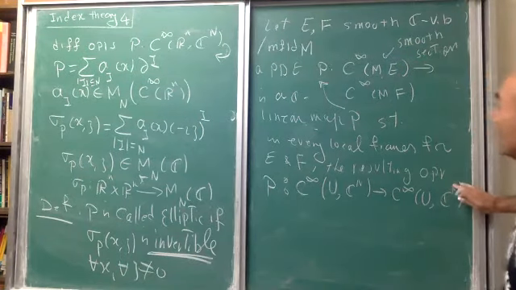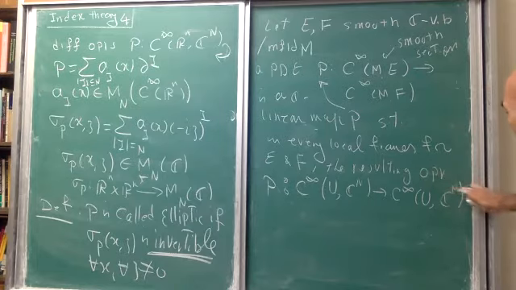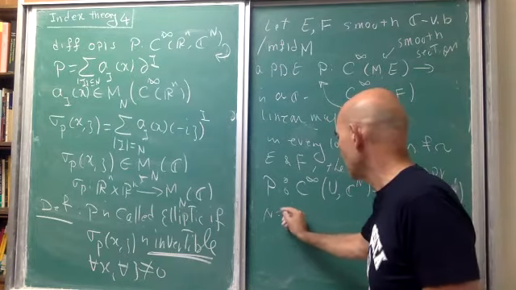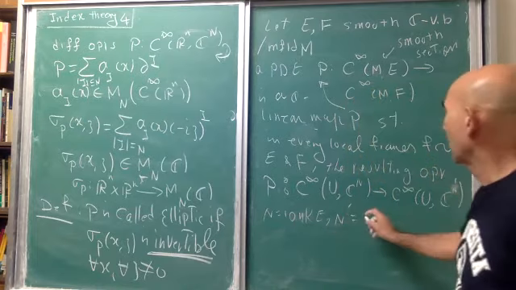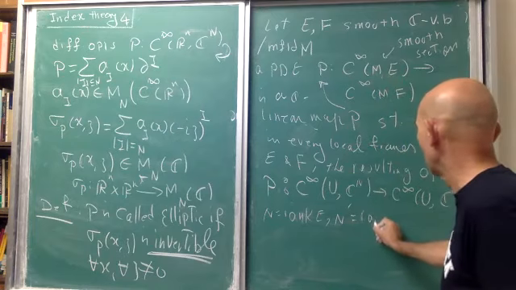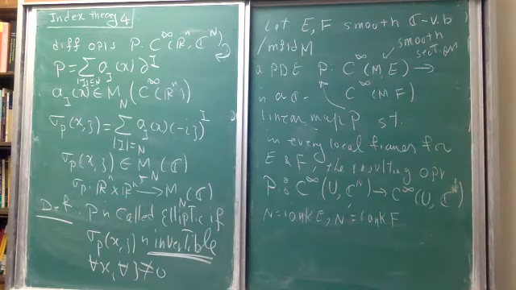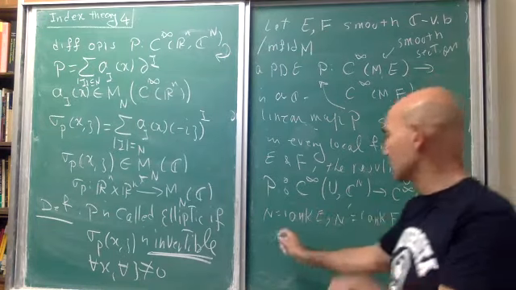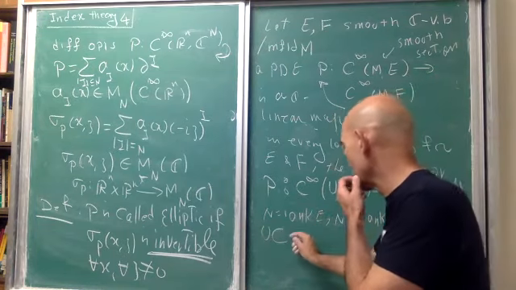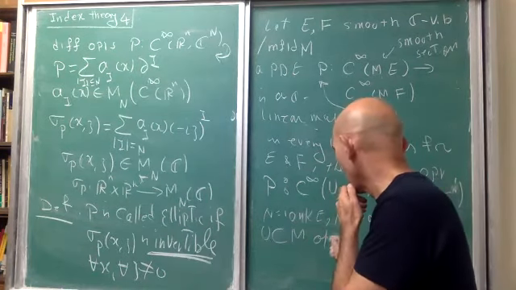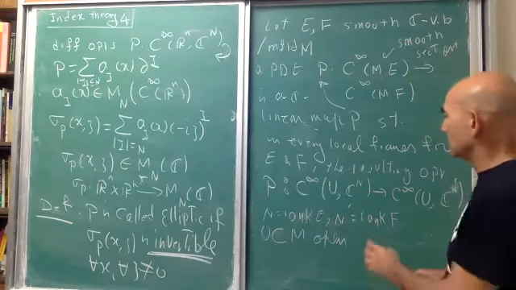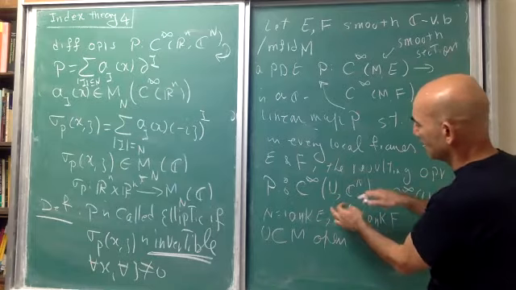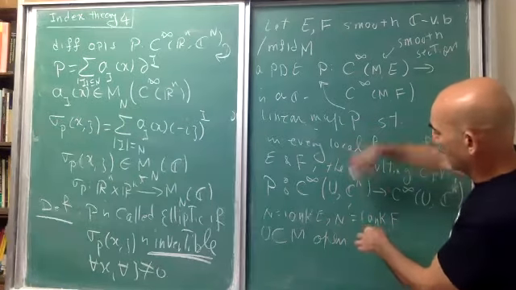Oh gosh, no, I don't need that. Say n prime, where n is the rank of E, n prime is the rank of F, and this U is a local open set in M. And by this, I really mean the space of smooth functions, not on U itself, but on the image of U under a local chart.